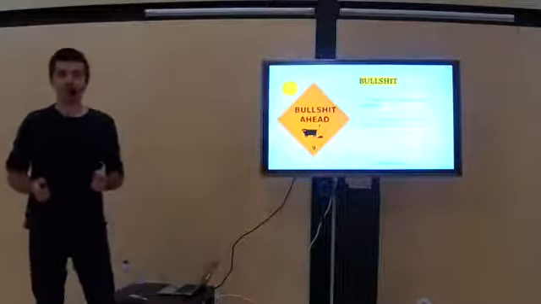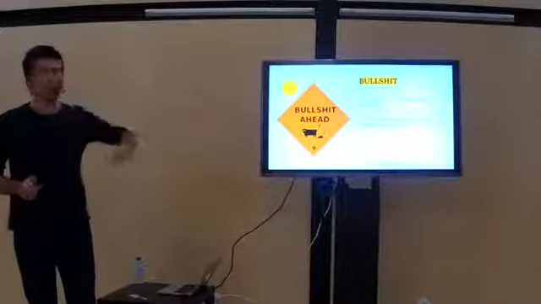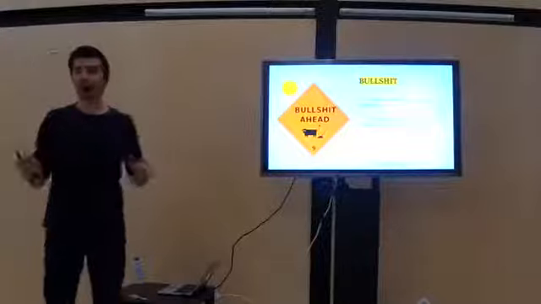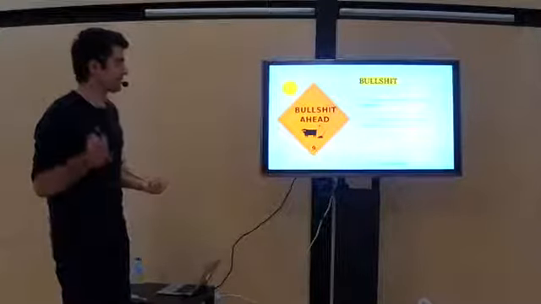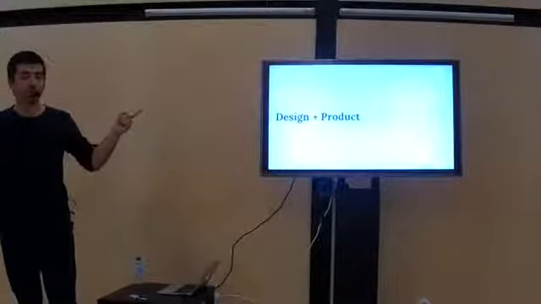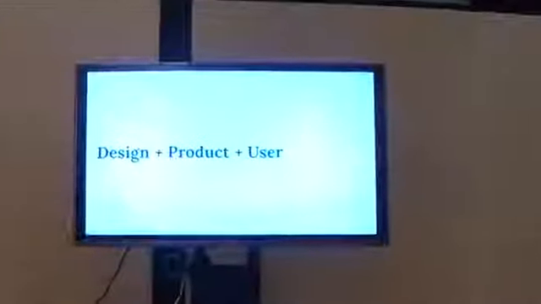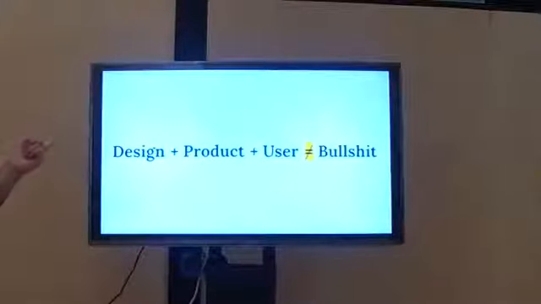Simple enough. Definition of bullshit. Stupid or untrue talk or writing. Nonsense. Crap. Bullshit. It doesn't exist. Design plus product plus the user, according to what I've just defined, does not equal bullshit.